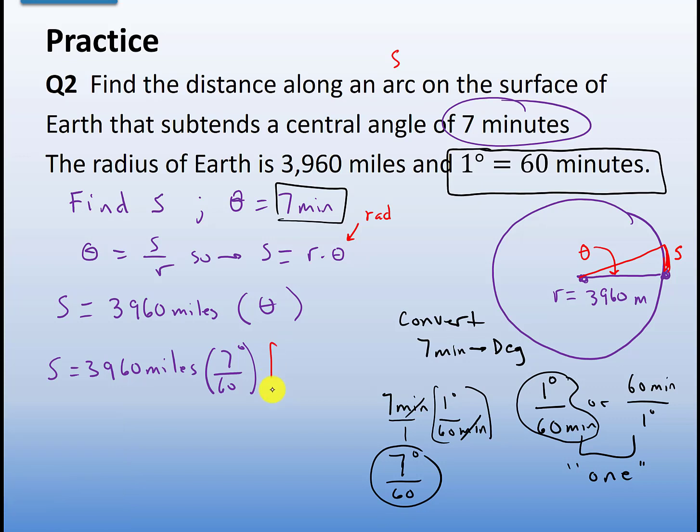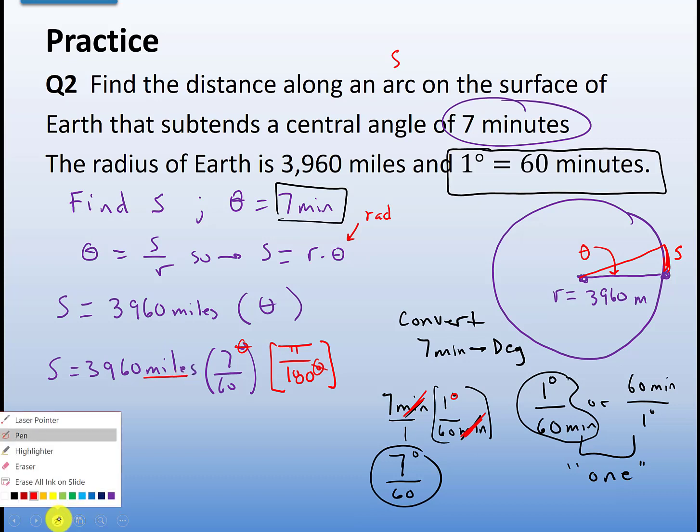We can multiply this by pi over 180 degrees. Just like we canceled minutes to have degrees left, here we take the degree units and cancel those out, and we're going to have a radian unit left. Now, that's a little subtle, but radian units are unitless numbers. So technically all that's left is the unit of miles.